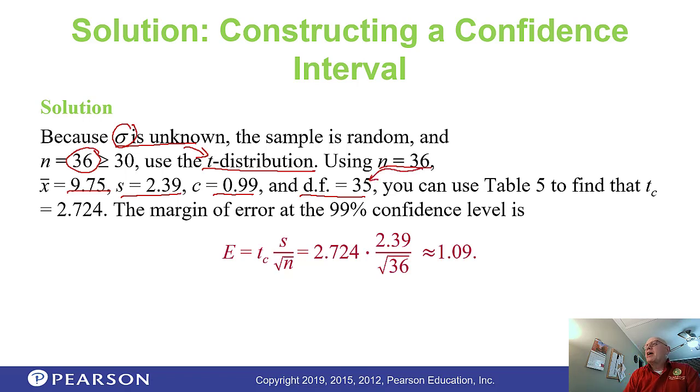And you can use the table if you need to. You can use your calculator. You can get the margin of error at the 99% confidence level. And that margin of error is 1.09 days. Remember, keep in mind we're talking about how long the cars are on the parking lot.